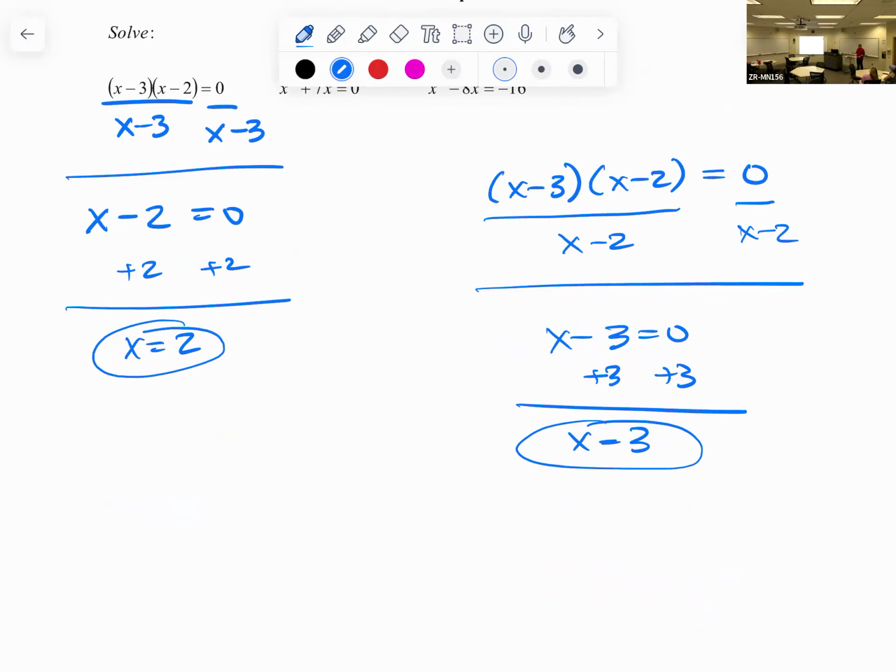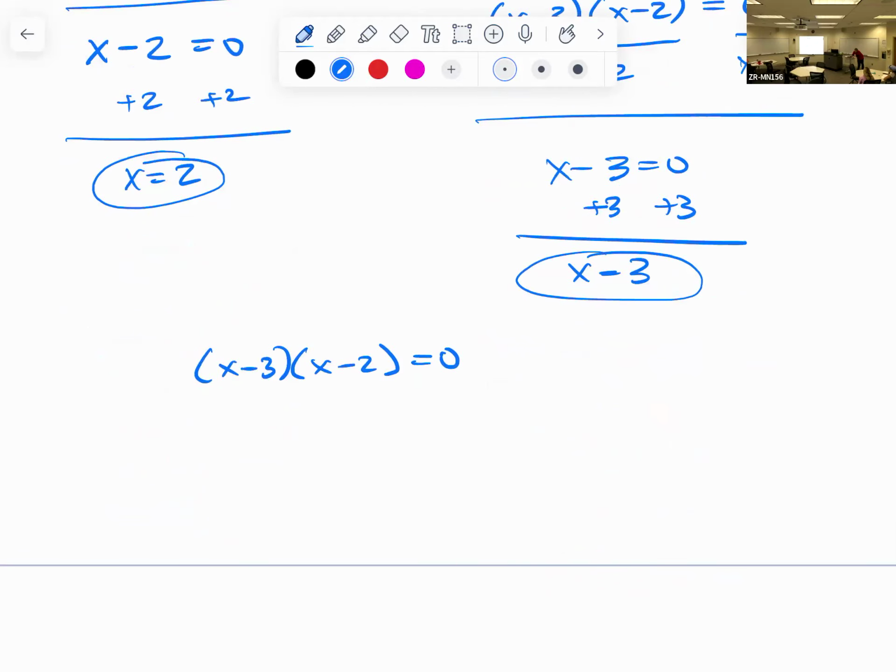Right now, you don't have to do that step every time. The idea is that from your initial equation, essentially you say this breaks into 2 equations, x minus 3 equals 0 and x minus 2 equals 0. And then you solve those individually.